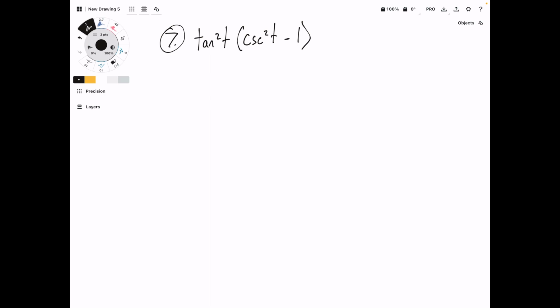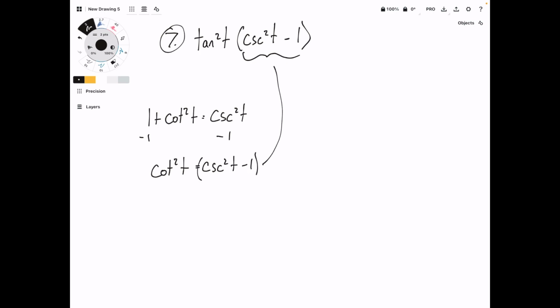From one of our trig identities, we can figure out what this part equals. So we know that 1 plus cotangent squared t equals cosecant squared t. And if we subtract the 1 across, cosecant squared t minus 1 equals cotangent squared t. This is what we have here.